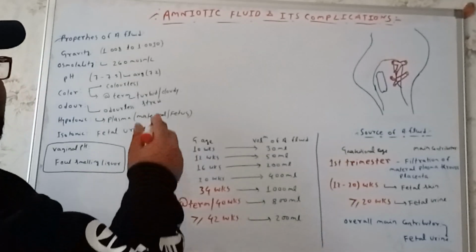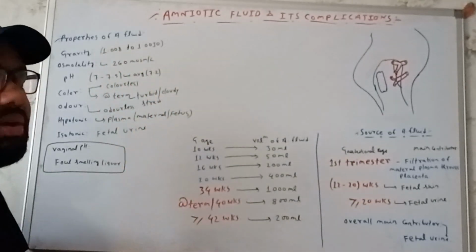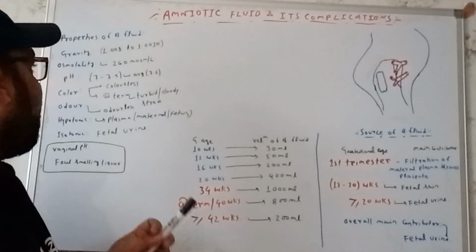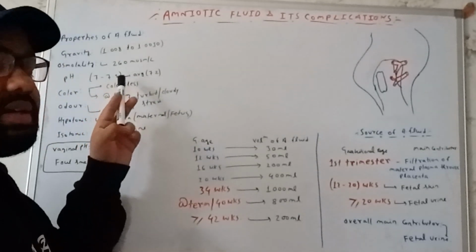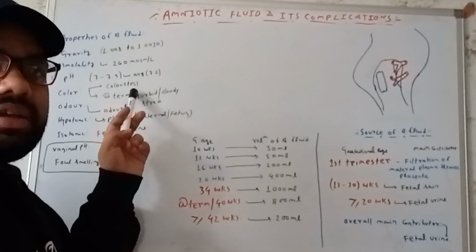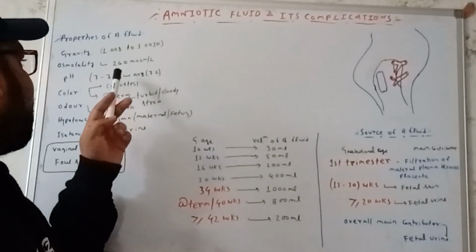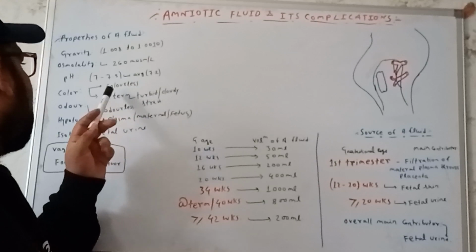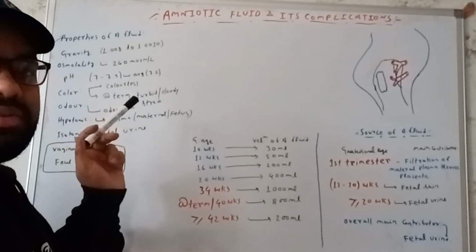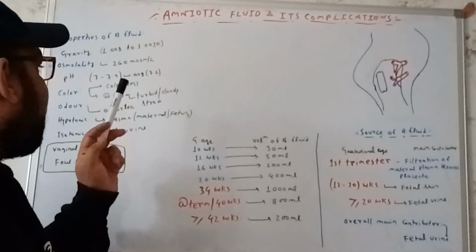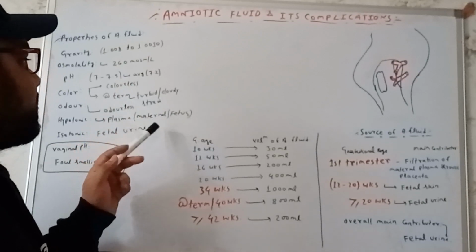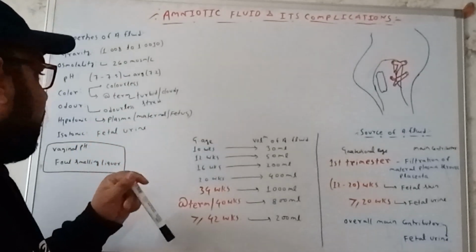Now see, the specific gravity is 1.0082 to 1.0010. The osmolality is 260 milliosmol per liter. The pH will be from 7 to 7.5, average 7.2. Normally the color is colorless, but at term conditions we get to see turbid, cloudy or straw color.